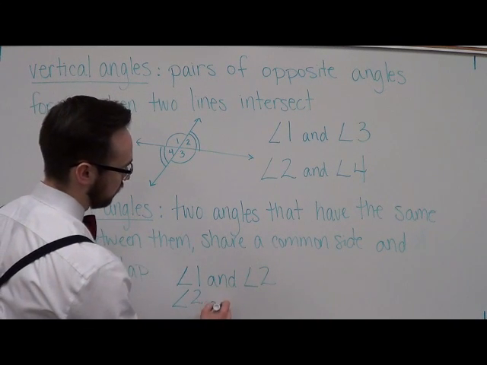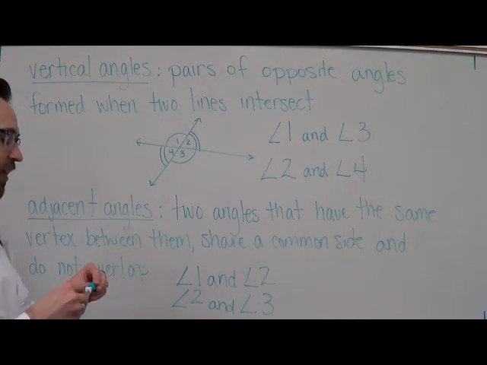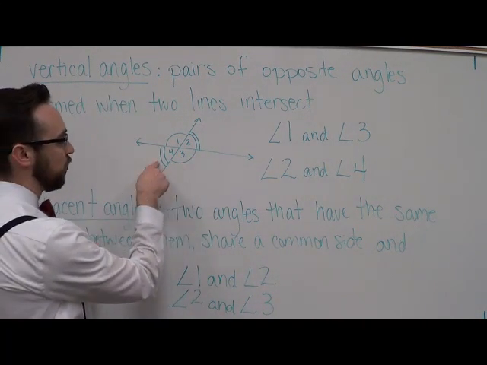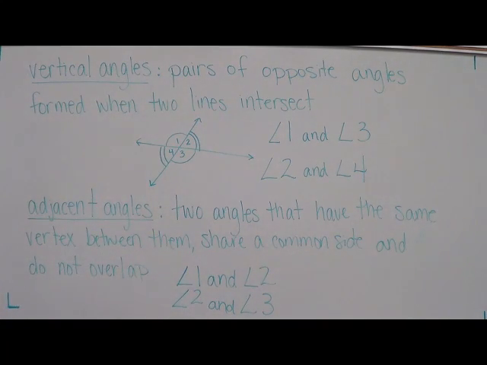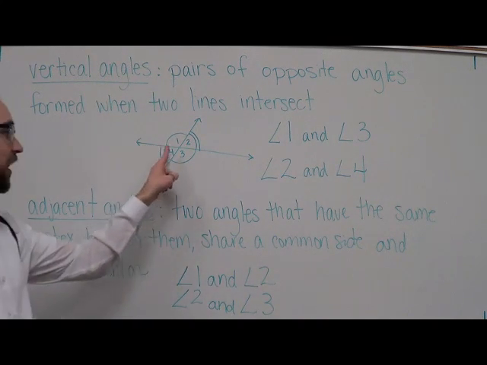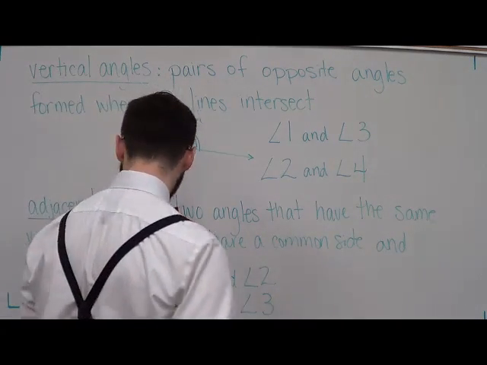Angle 2 and angle 3 would be adjacent. So anything that's side by side, so 3 and 4, 4 and 1, those are all going to be adjacent angles. Those are not necessarily going to be congruent. They're just side by side, and they share one of the sides of the actual angle itself.